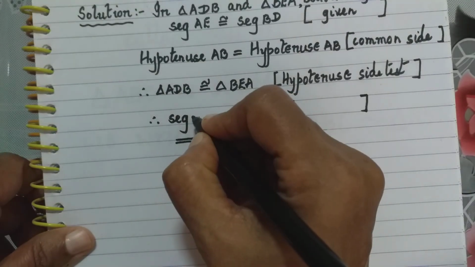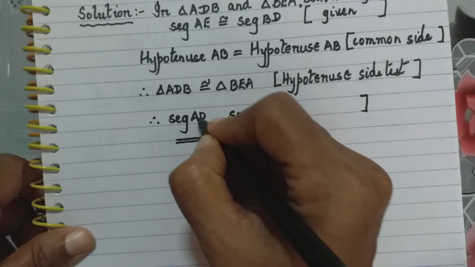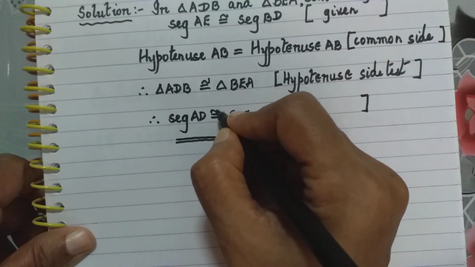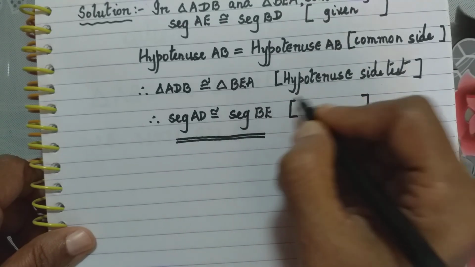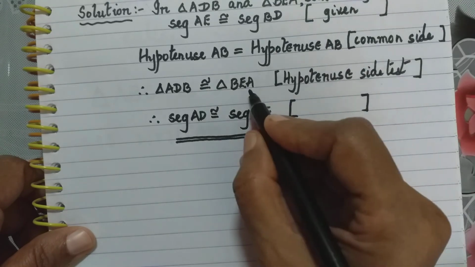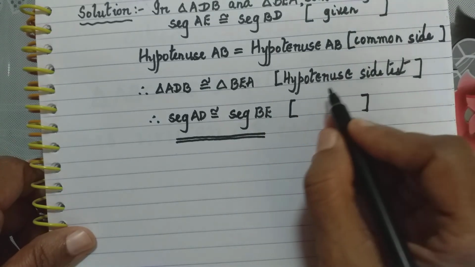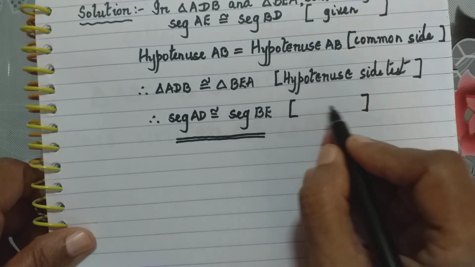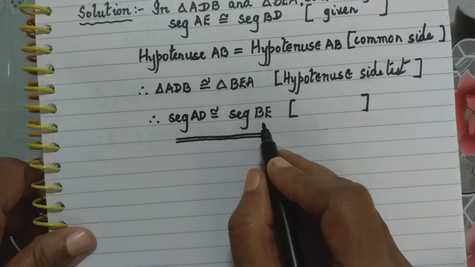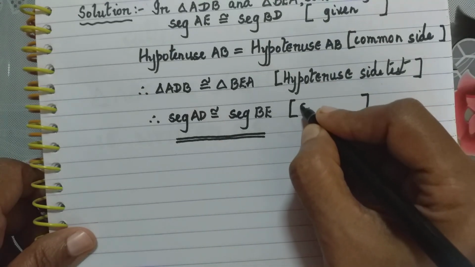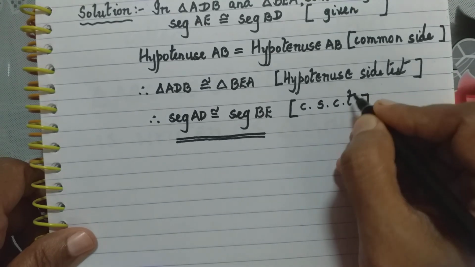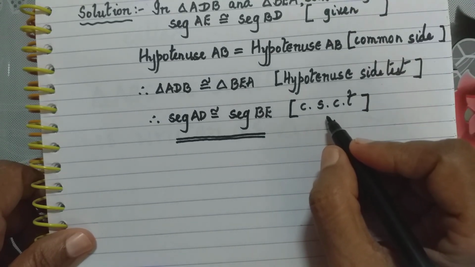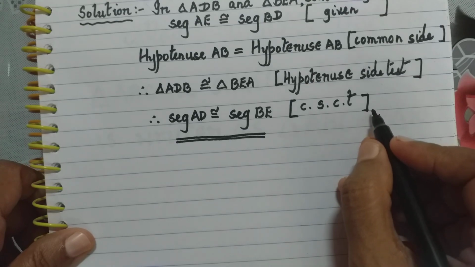So, we write here segment AD is congruent to segment BE, and once the triangles are proved to be congruent by any test, the reason why the sides are congruent to each other is by CSCT, which is corresponding sides of congruent triangles.